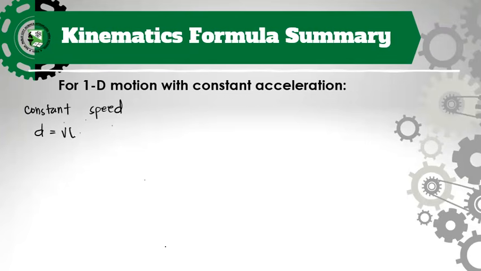D is equal to velocity times time. In order for us to get the V average, or velocity average, we use V naught, or let's use VI for initial velocity, plus VF all over 2.